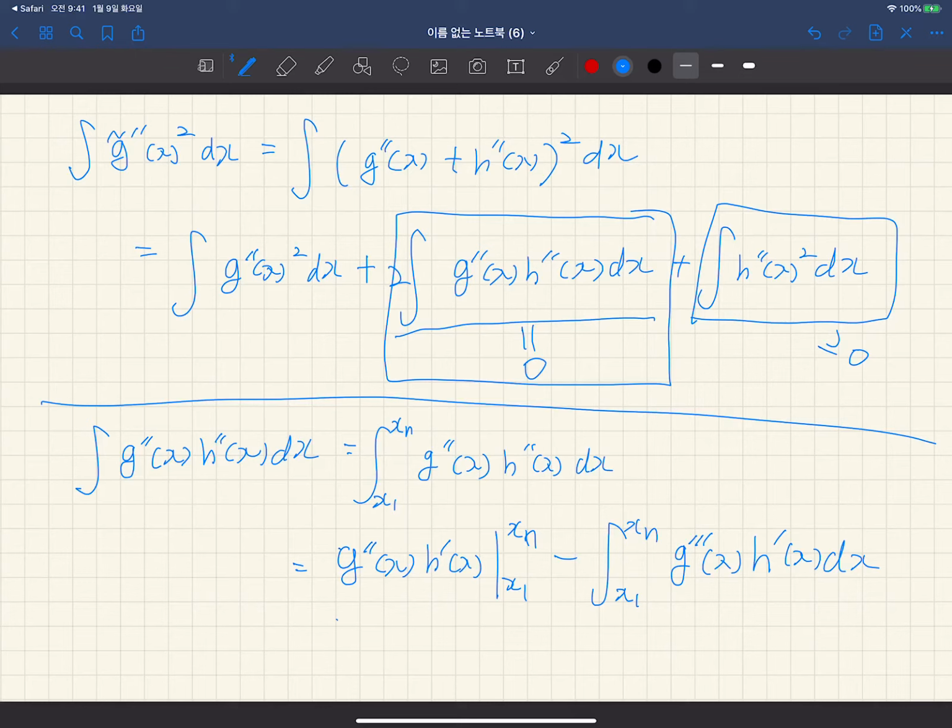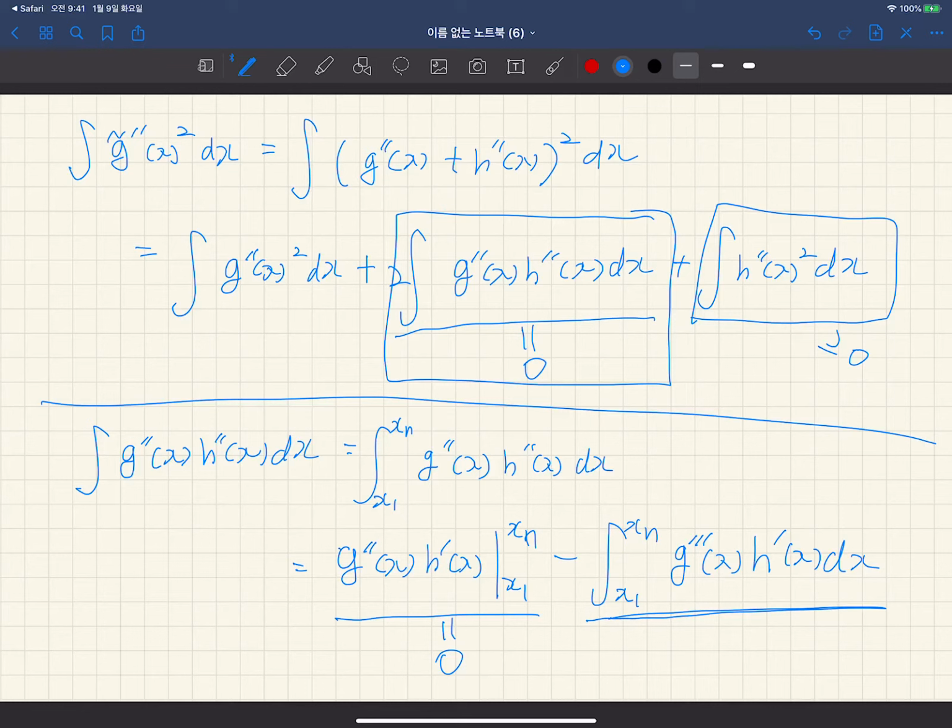And again, we know that g double prime at x1 and g double prime at xn are equal to 0, because the natural cubic spline has to be a linear function at the beginning and at the end. So this is 0. How about this part?